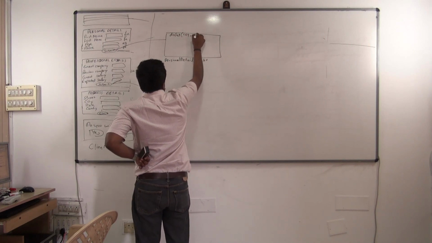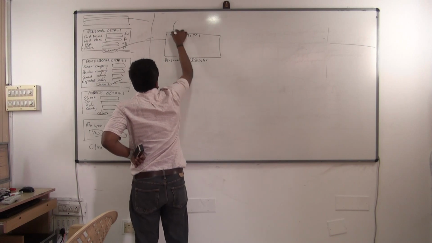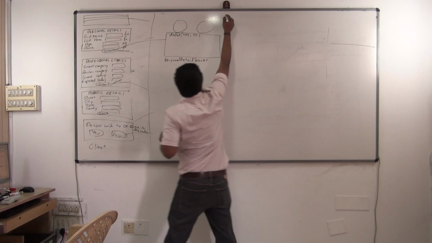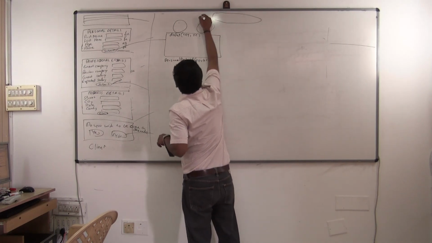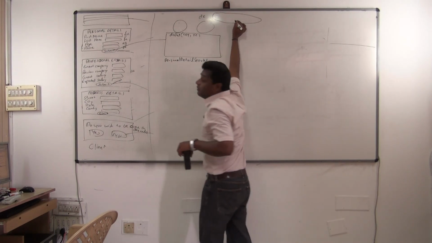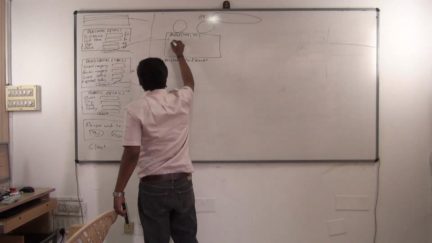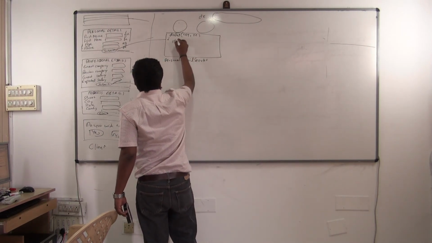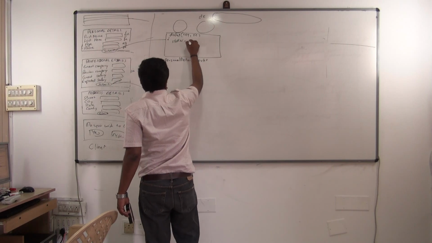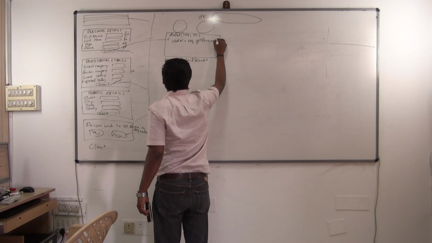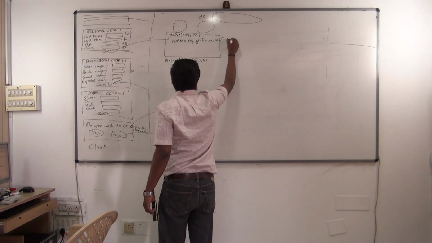Having request comma response. This is your request object. This is your response object. Where will I draw? Okay, I'll draw the context object here somewhere. This is your context object. This is created when? Long back when the server started. So what did I do here? str first name is equal to request.getParameter of first name.